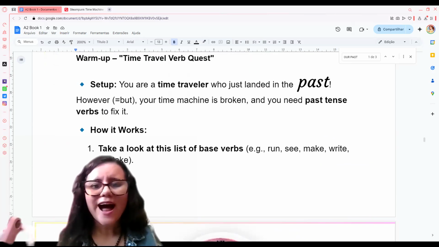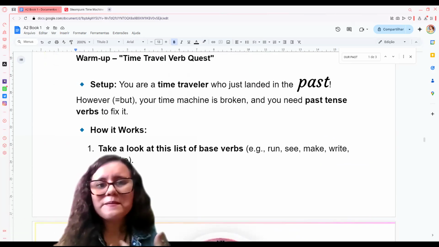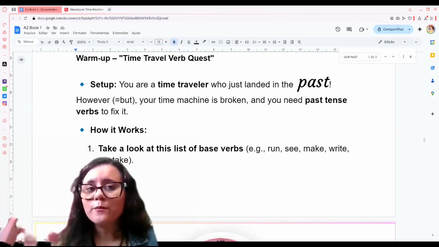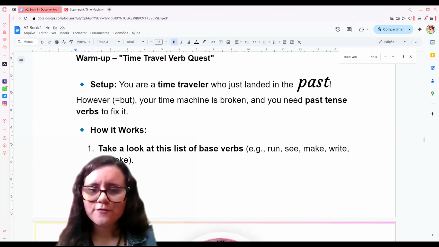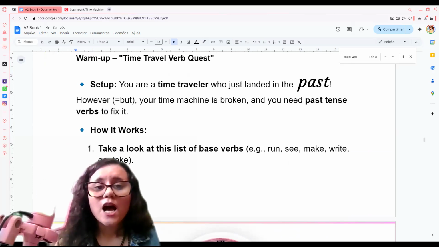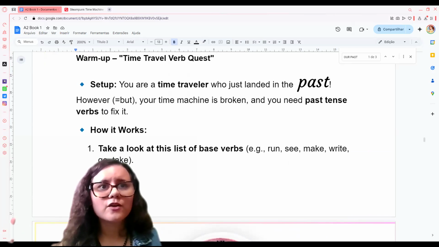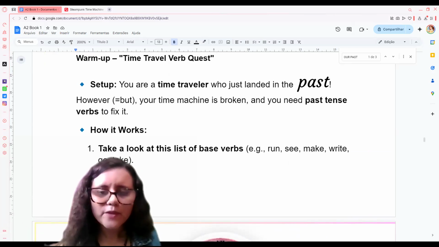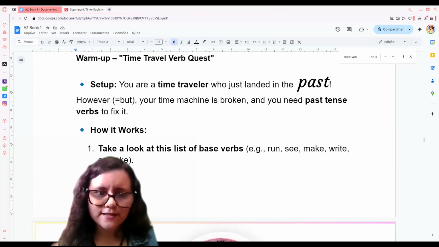So, I will try to fix my time machine using examples of past tense verbs. I saw a child on the street yesterday. I made a cake last night.